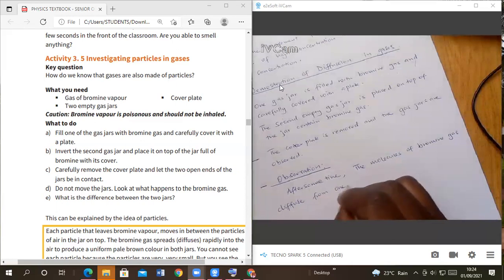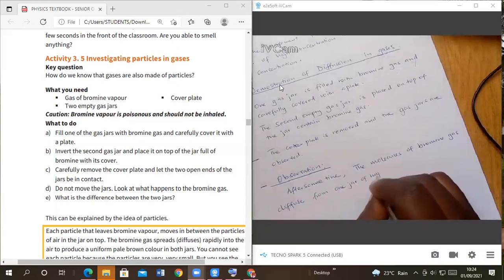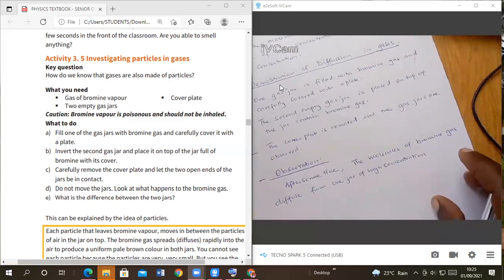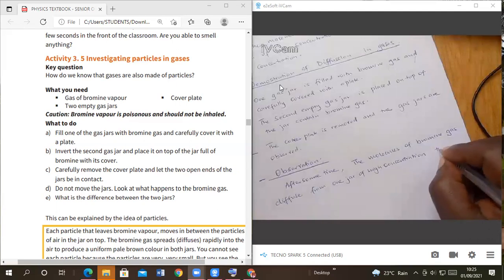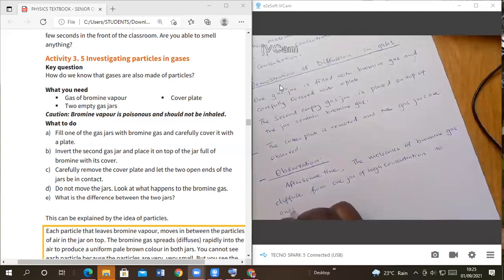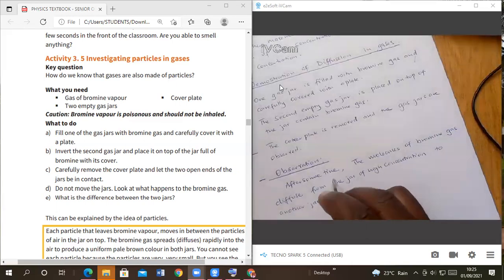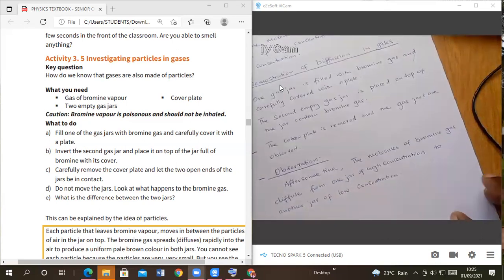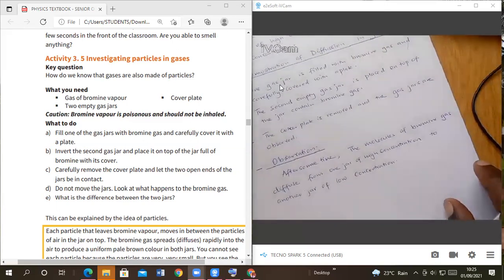Diffuse from one jar of high concentration to another jar of low concentration. Are we together? So that's what we shall observe. The molecules of bromine gas diffuse from one jar of high concentration to another jar of low concentration.